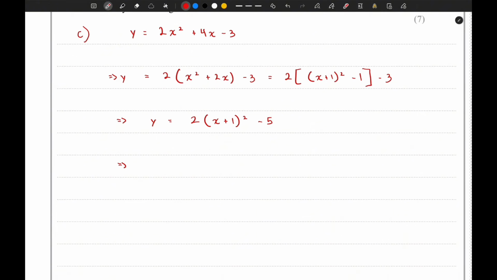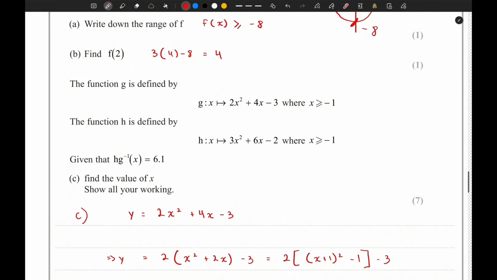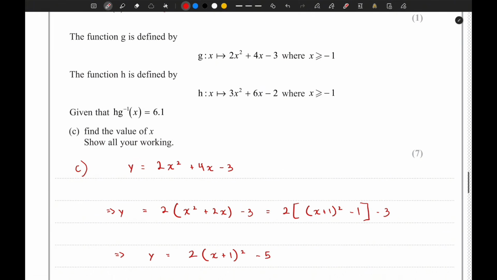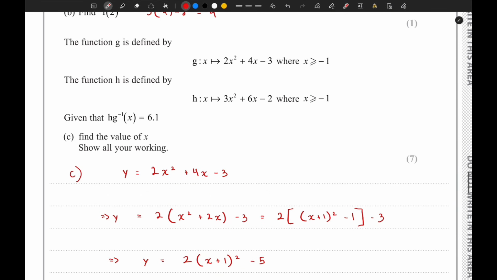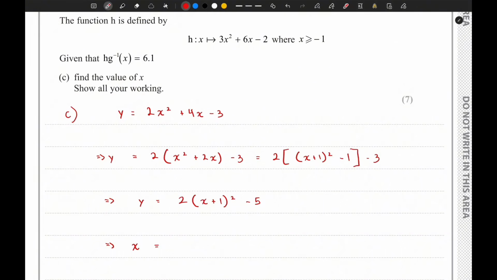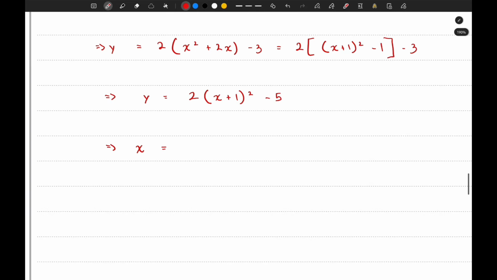Now if we make x the subject, there's another way to do this instead of finding g⁻¹(x) like this. We can do it in the other method, but let's just continue with this and see where this gets us.